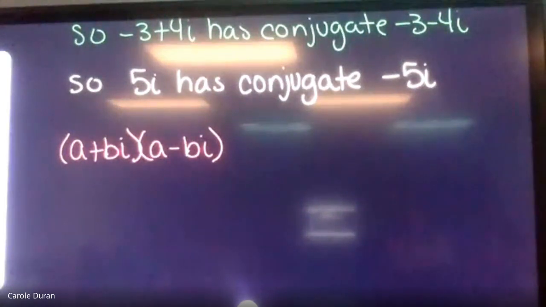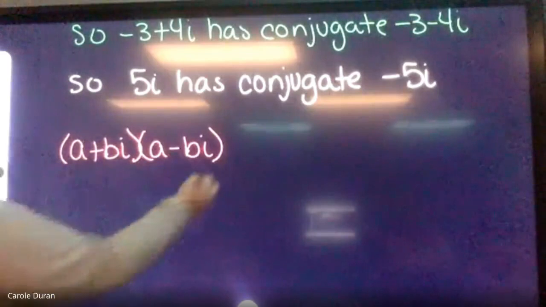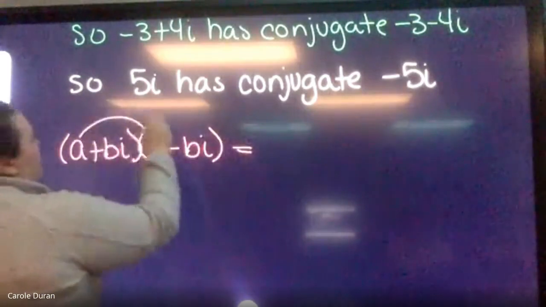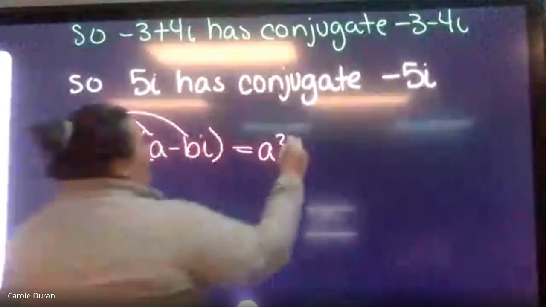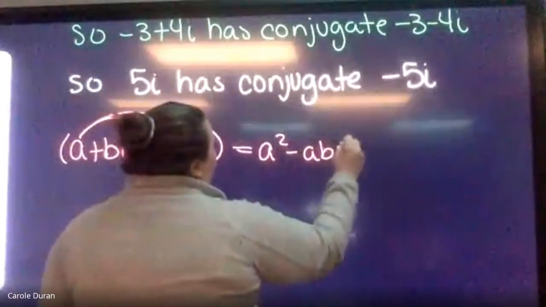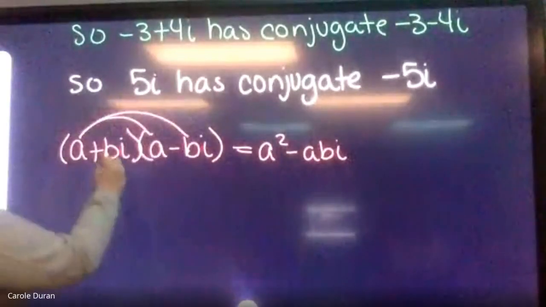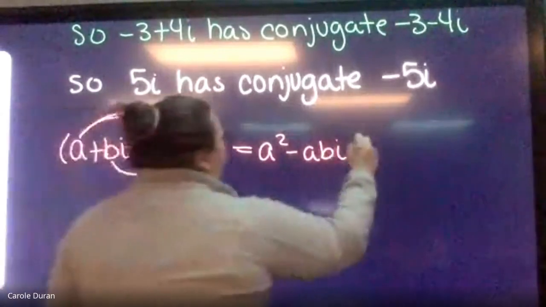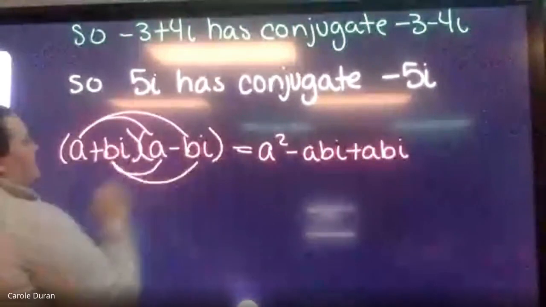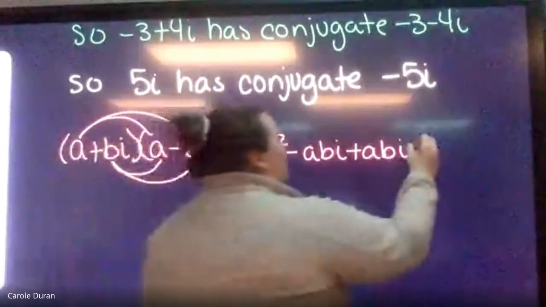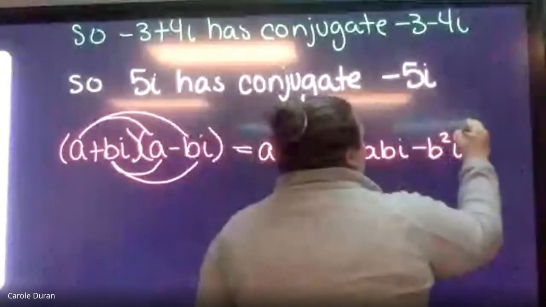If I FOIL this out, a times a becomes a squared. A times negative bi becomes negative abi. A times bi becomes positive abi. And bi times negative bi becomes negative b squared i squared.